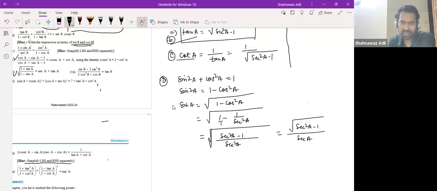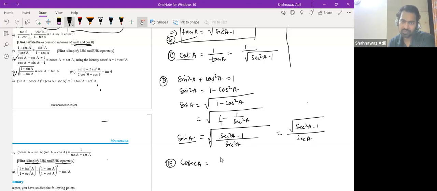Now we have calculated the sine also. So if we have sine, what can we calculate? Cosec. So what would be cosec A, Amira?